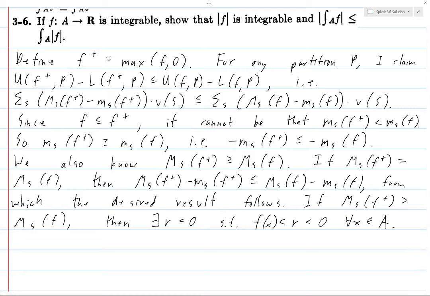But if f was only required to be strictly less than 0, then you could have f getting closer and closer to 0, in which case the supremum of f would be 0. But then the supremum of f would be the same as the supremum of f plus. Okay, so we know that we're only considering the case where f is always a negative function.